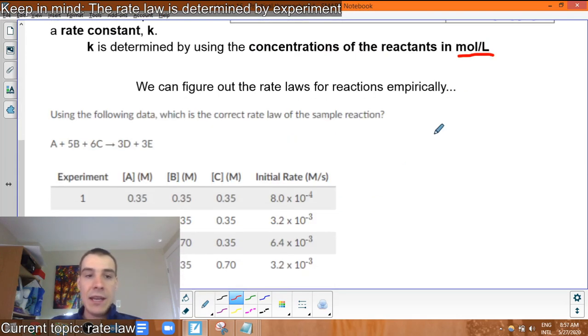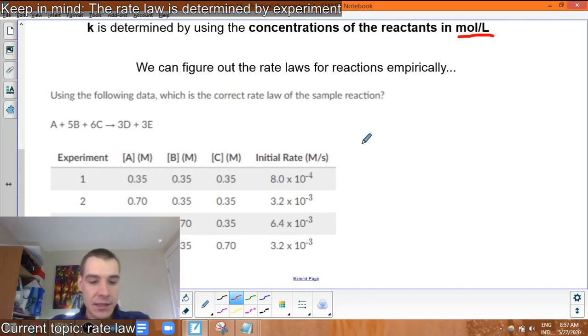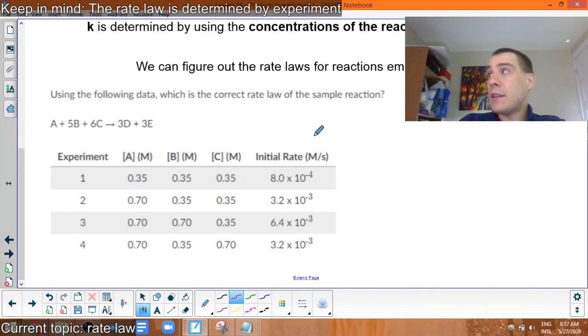So we can actually figure this out empirically though, and this is another little kind of problem-solving thing in chemistry. Here we have our starting, we have 0.35, 0.35, and 0.35 of A, B, and C. And here's the rate in moles per liter per second. When they do the green reaction here, all they've done is doubled, right?